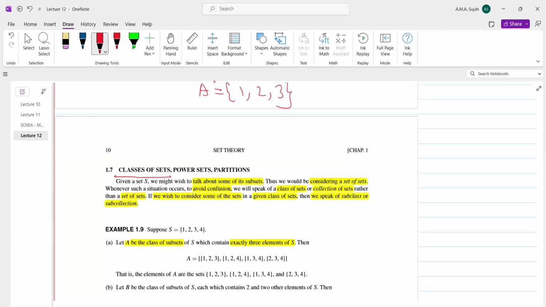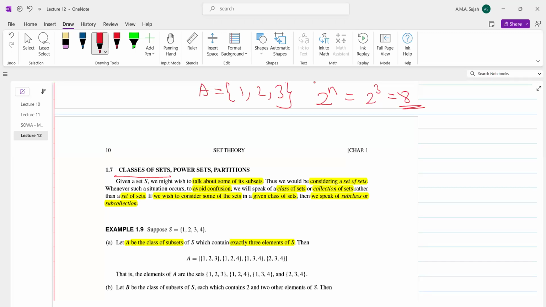Can someone tell me how many subsets you can write for this one? What is the number of subsets for A? What is the equation? 2 to the power n. For n here, three elements. So 2 to the power 3, you can write 8 subsets for this one.